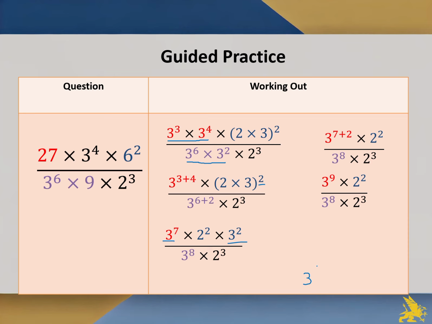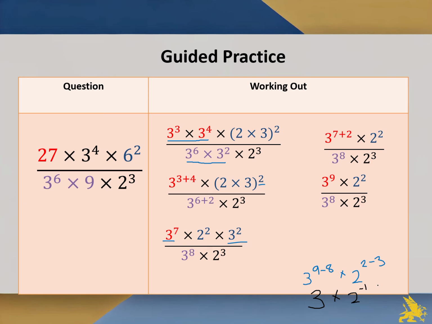So I'm going to say I've got 9 and I'm taking away 8, and I'm timesing, and I've got 2 and I'm taking away 3. So that's going to give me 3 times 2 to the power of negative 1.